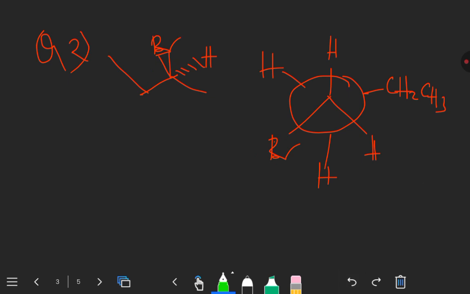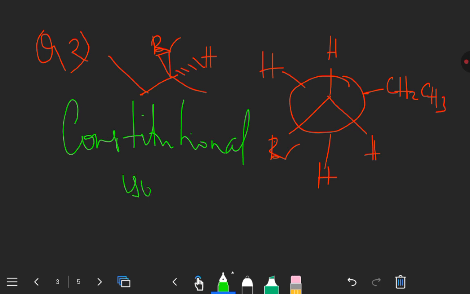And we said isomerism which has different connectivity or connection is just constitutional isomerism. So they are constitutional isomers.